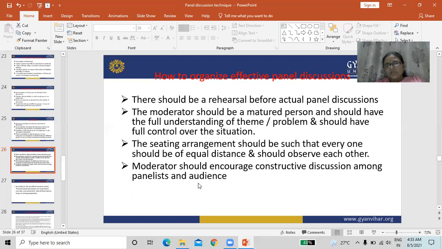The sitting arrangement should be such that everyone is at equal distance and can observe each other. Moderator should encourage constructive discussion among panelists and audience.